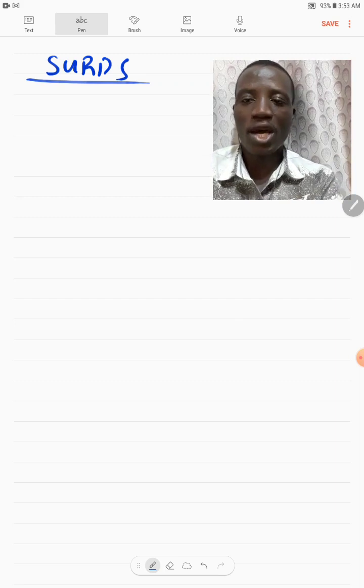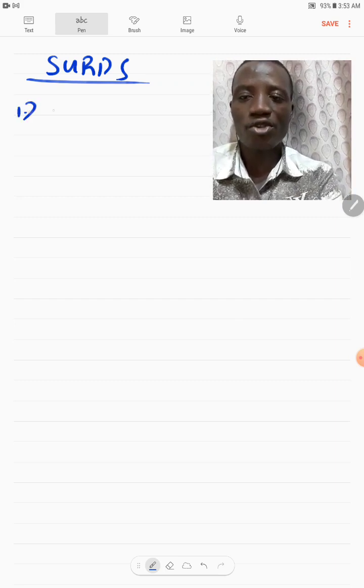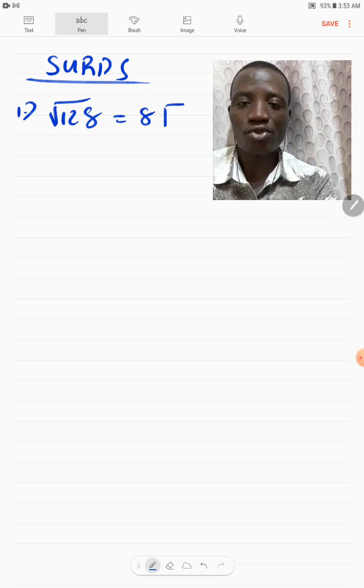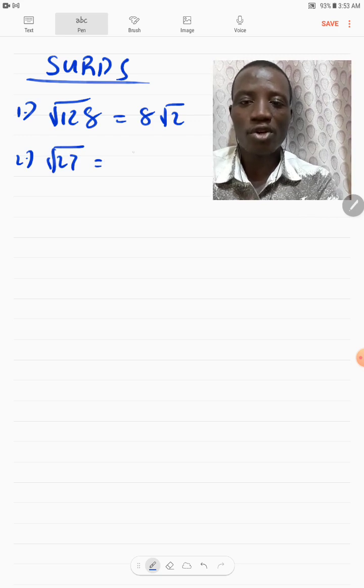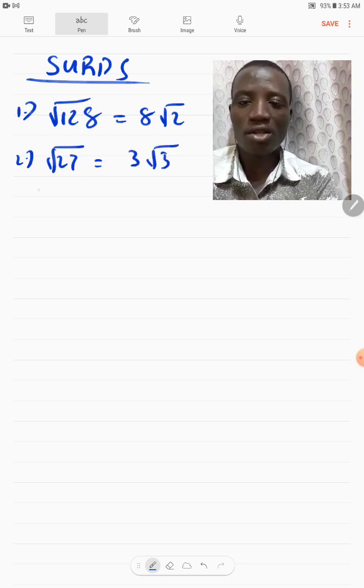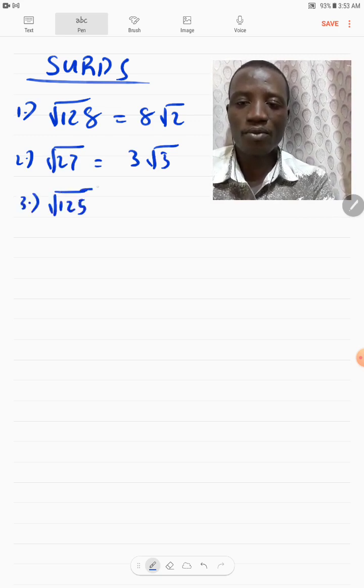So in the last video we looked at the example of root 128, and that gave us 8 root 2, and the second one that we did was root 27, which also gave us 3 root 3, and the third one was root 125, which gave us 5 root 5.